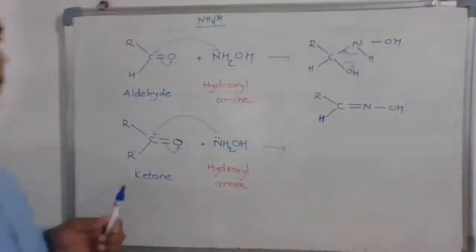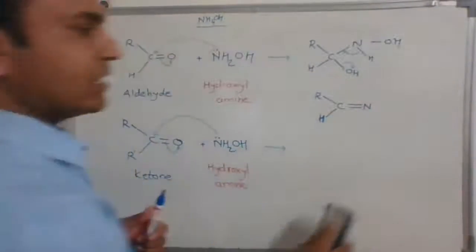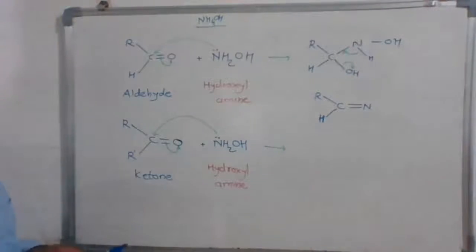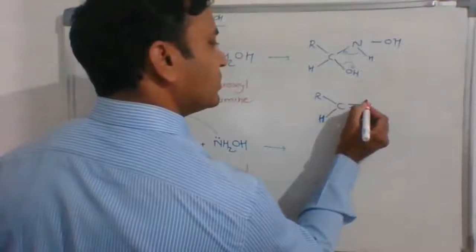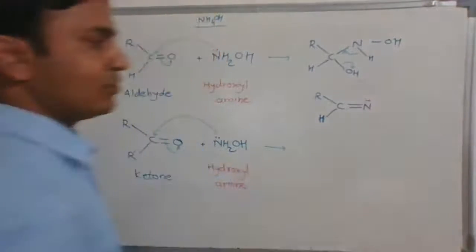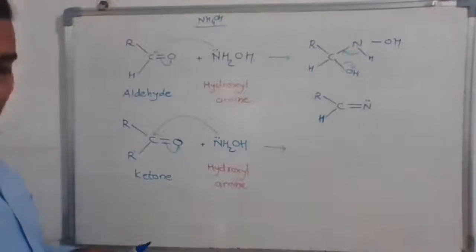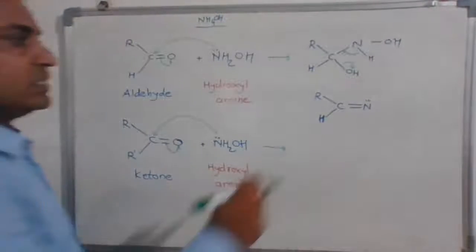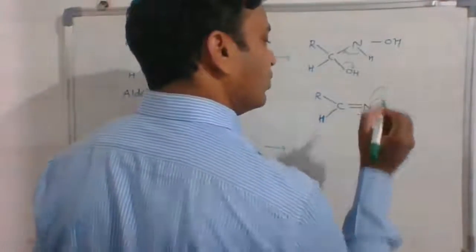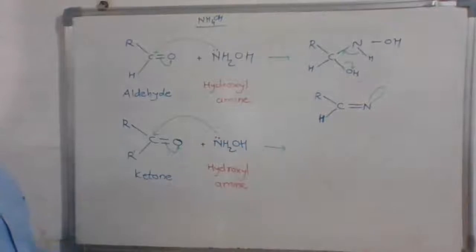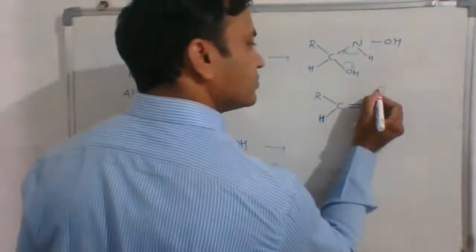But when we are concerned with the stereochemistry, with the structure, then we should consider this lone pair of electrons on nitrogen. This lone pair is actually present in a lobe on the nitrogen which has not taken part in bond formation.